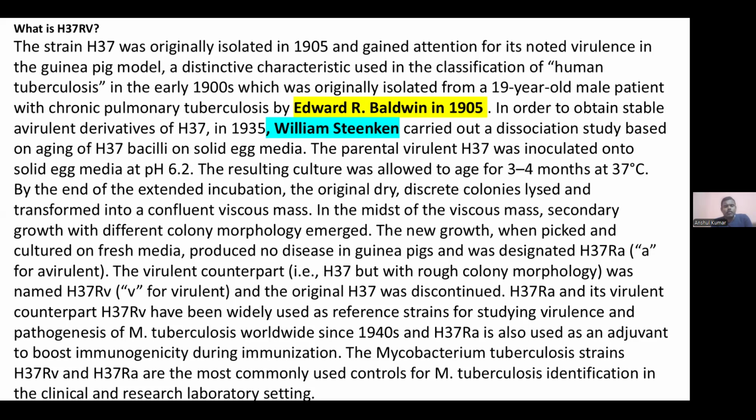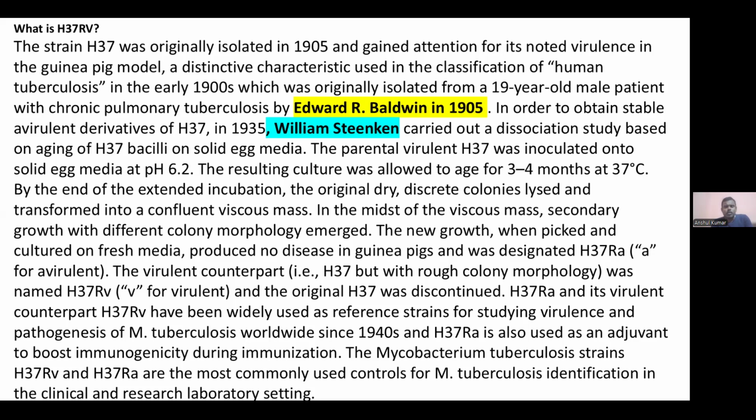H37Ra, A for avirulent. So the virulent counterpart, which had a rough colony morphology, was named H37Rv, and the original H37 was discontinued. H37Ra and its virulent counterpart H37Rv have been widely used as reference strains for studying virulence and pathogenesis of Mycobacterium tuberculosis since the 1940s. And the H37Ra is also used as an adjuvant to boost immunogenicity during immunization.